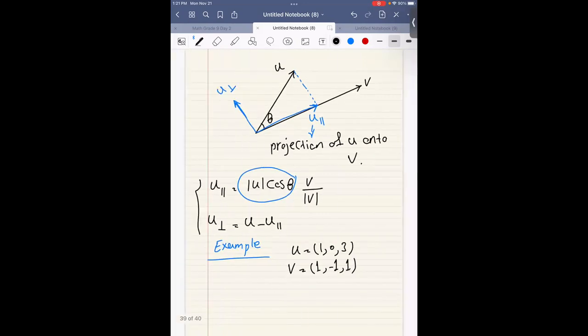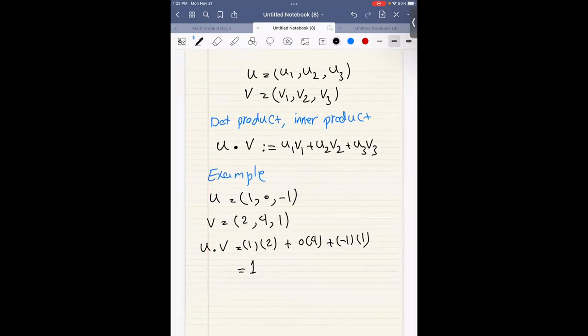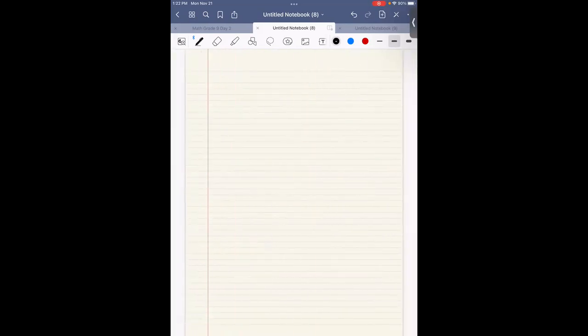Finding the angle is related to the dot product. Okay, so here is the relation. Whenever you have two vectors, here is a super important relation. u dot v, the dot product, is equal to the magnitude of u times the magnitude of v times cosine theta.